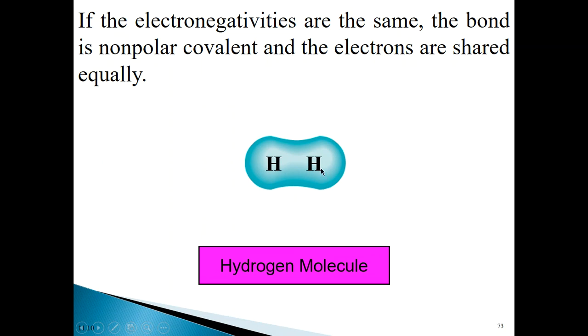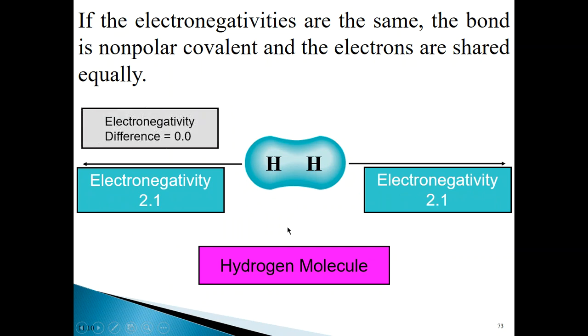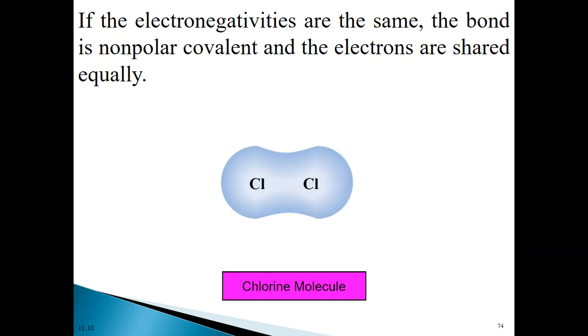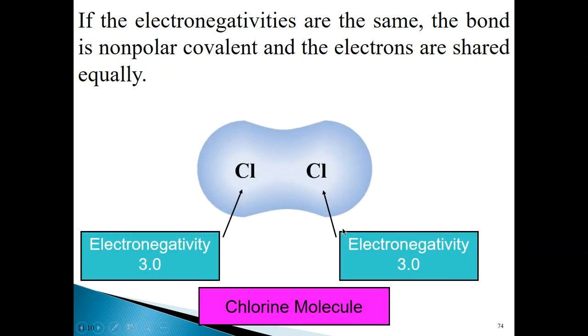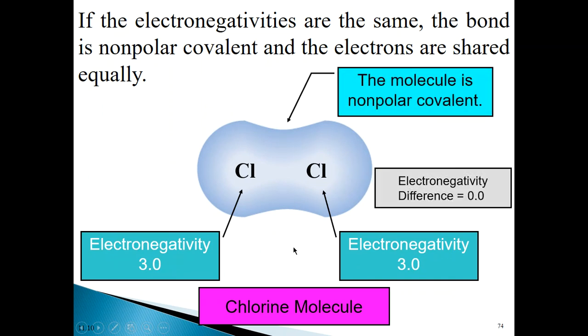All right, two identical atoms bonded to each other, therefore that bond is said to be nonpolar covalent. All right, they both have the same electronegativity, so the difference will be zero. So that's what happens in the case of the hydrogen molecule. It's a nonpolar covalent molecule. In the case of chlorine, the difference in electronegativity would also be zero because they're identical. So therefore, this bond would be a nonpolar covalent bond.